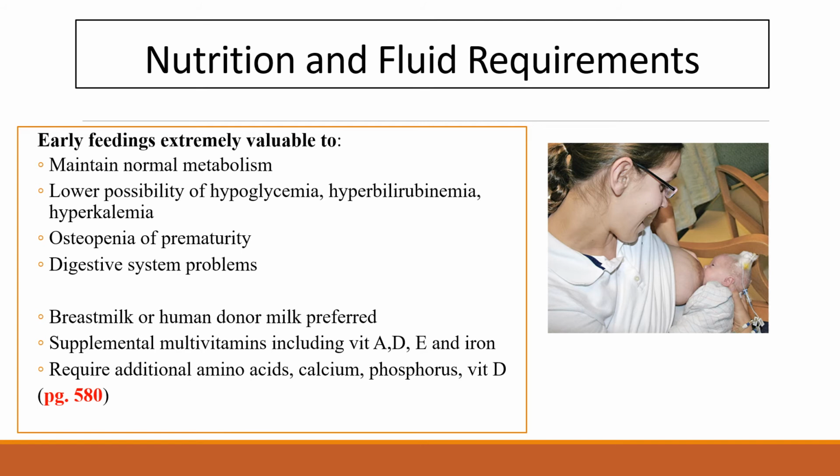Supplemental vitamins, including vitamin A, D, E, and iron, can also be included to make sure that we're meeting the baby's nutrition and fluid needs. And there may be a requirement for some amino acids, calcium, phosphorus, or even vitamin D. This nutritional requirements and breastfeeding section starts on page 580 in your textbook.